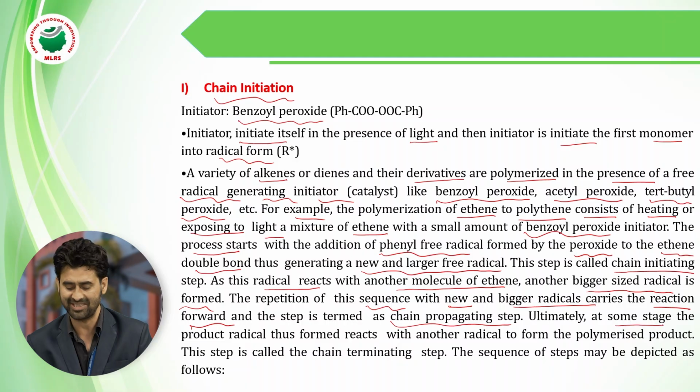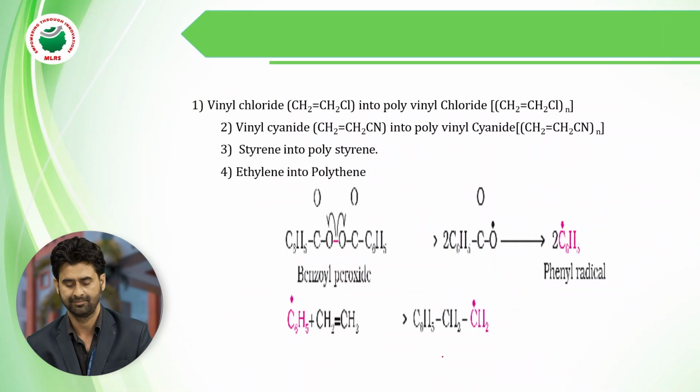Ultimately, at some stage, the product radical thus formed reacts with another radical to form the polymerized product. This is the last step of the formation of polymers, what we call the chain terminating step.